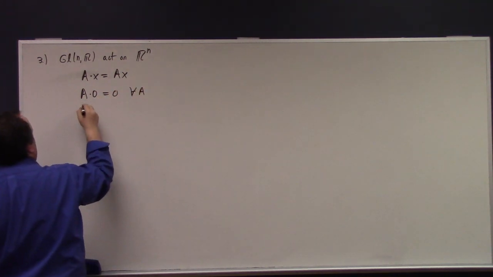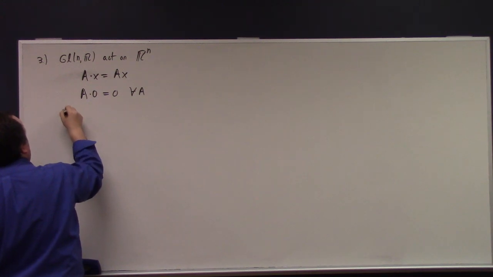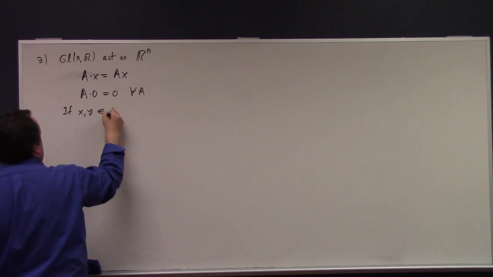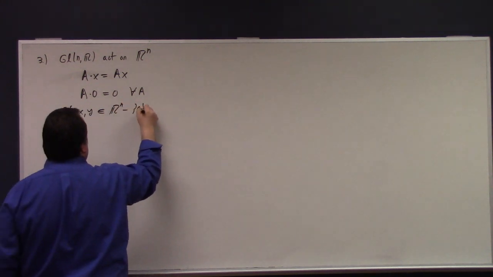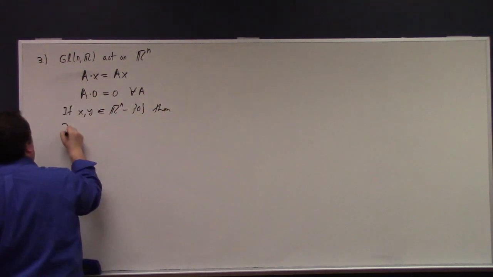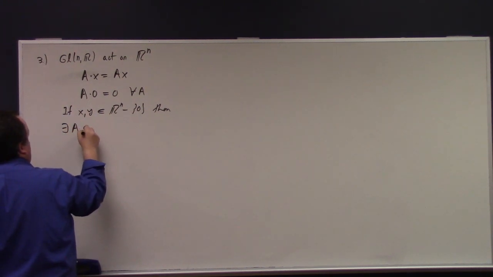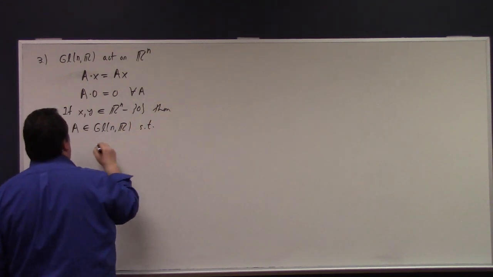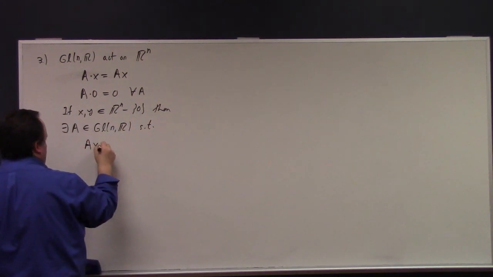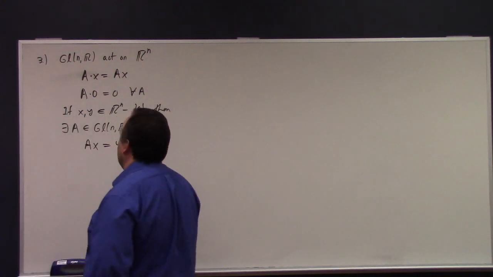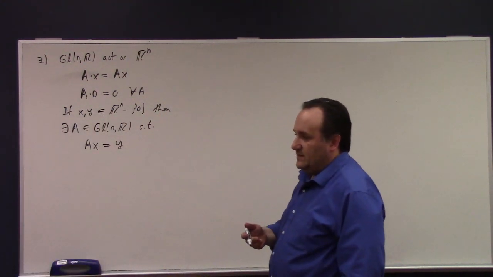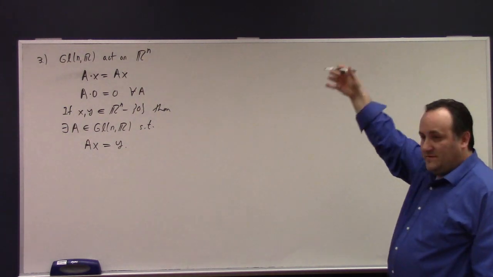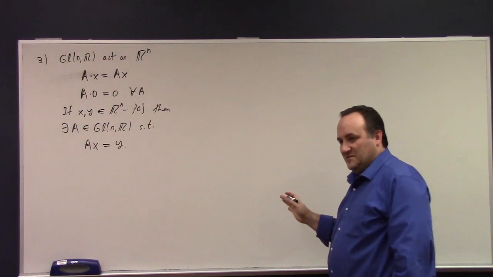On the other hand, if you have X and Y in Rn without 0, then there exists A in GLn such that A times X is equal to Y. So basically the orbits of the general linear group on column vectors, either you have the origin or everything else.